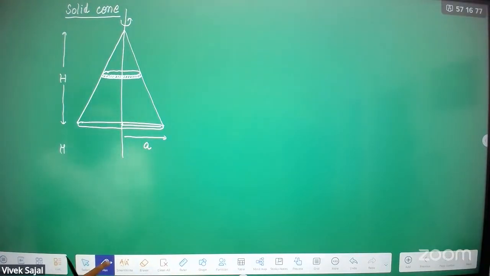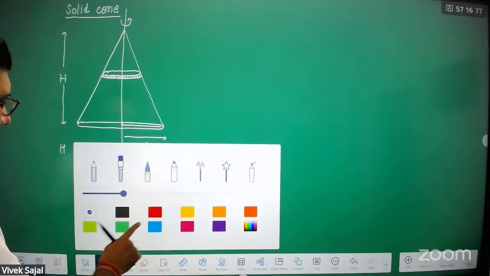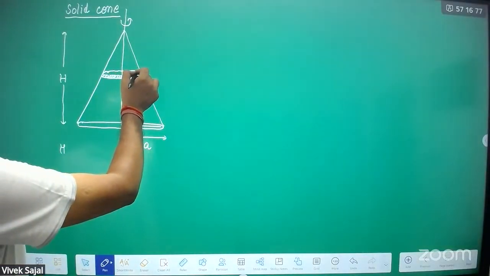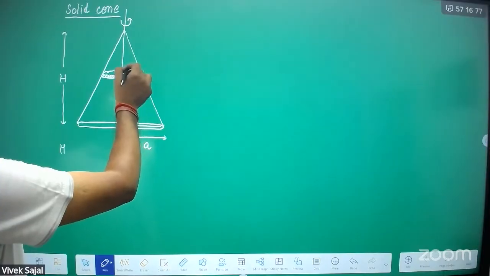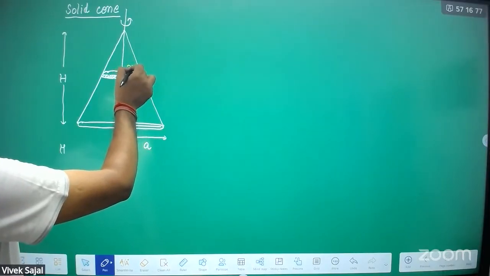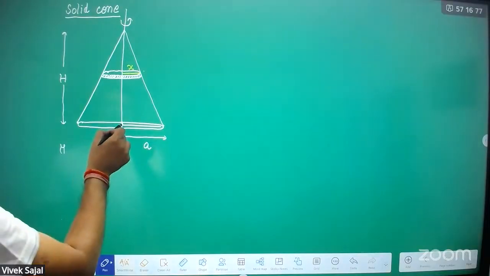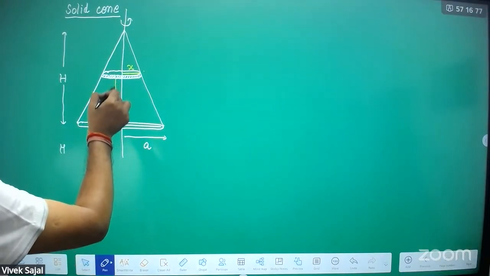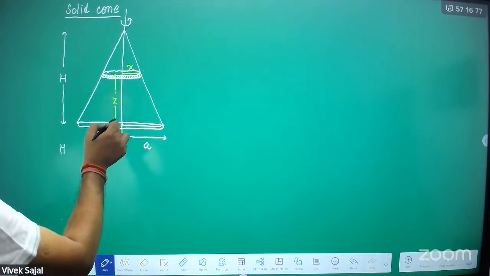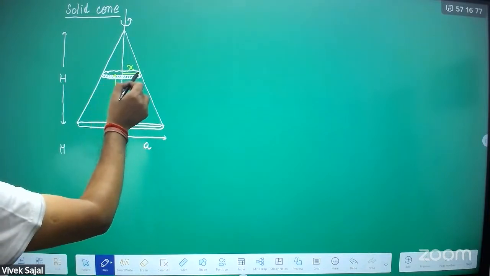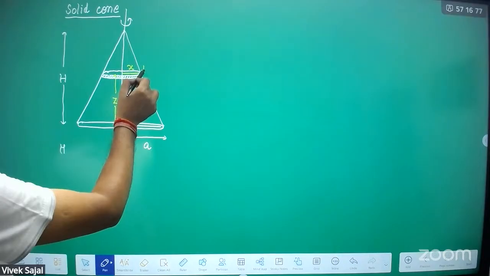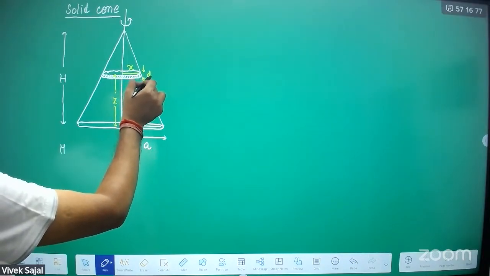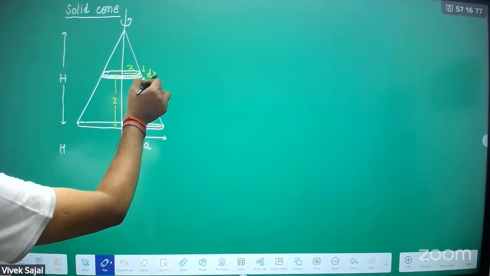Suppose the radius of this disc is x. From here, this distance is z. At a distance z I am considering a disc whose radius is x, and the width of this disc is infinitesimal, and I call it dz.